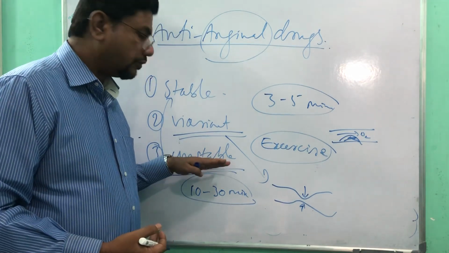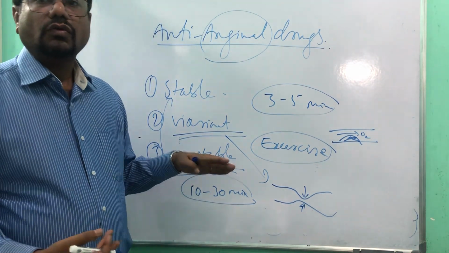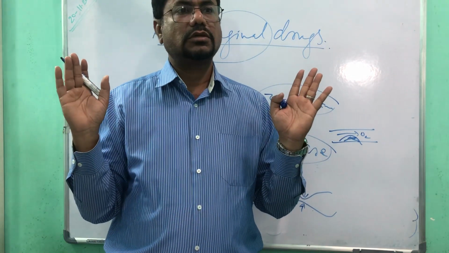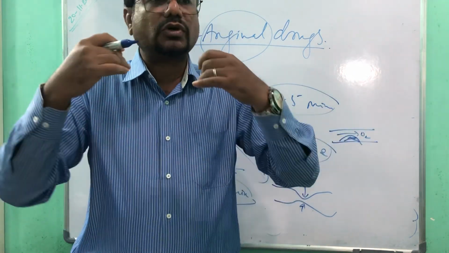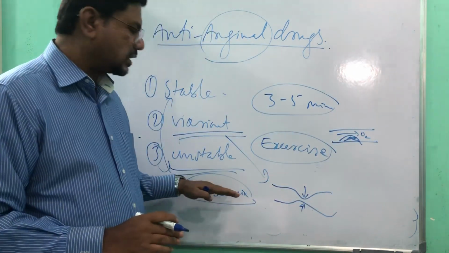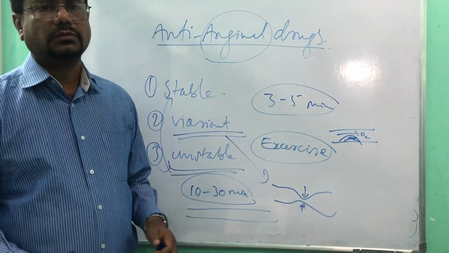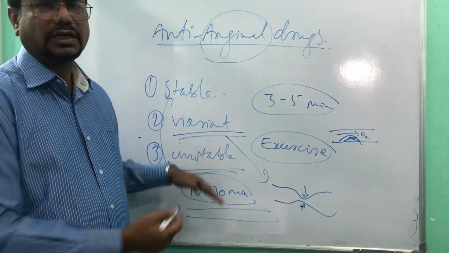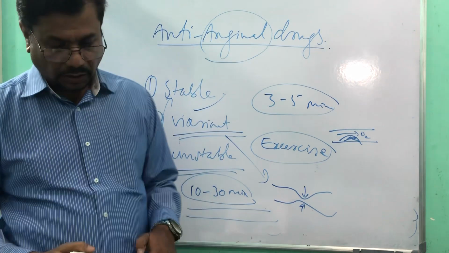It also occurs when there is rest. The person is at rest, suddenly it happens. Without any signs and symptoms, without any signal, suddenly this happens. And it is prolonged for a longer time. So one has to be very cautious with unstable angina. It is rare, it is not very common. The common one is only stable angina.